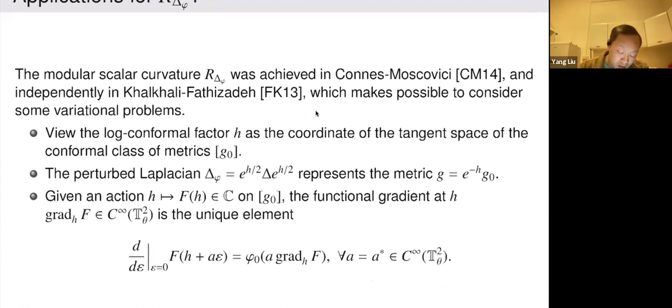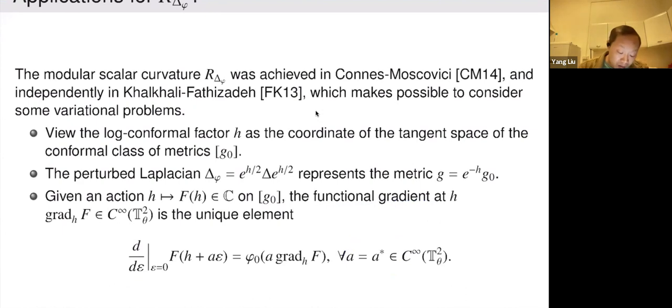So you want to consider the variation. The function's gradient is defined in the following way. You consider a directional derivative along a self-adjoint element A, in such a direction.